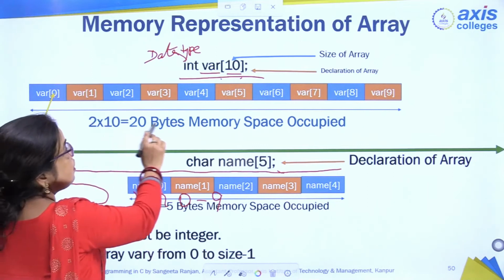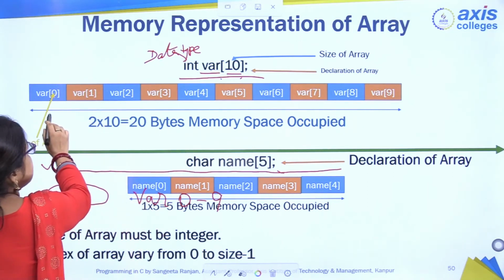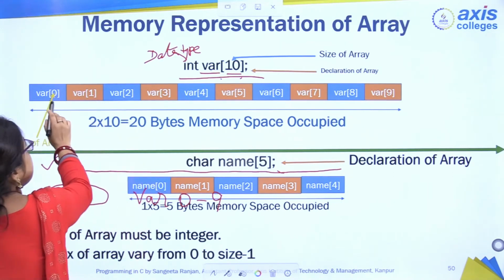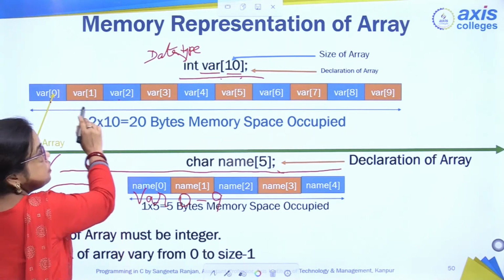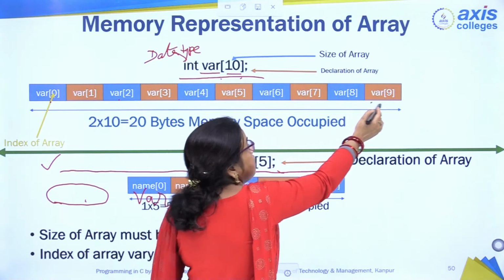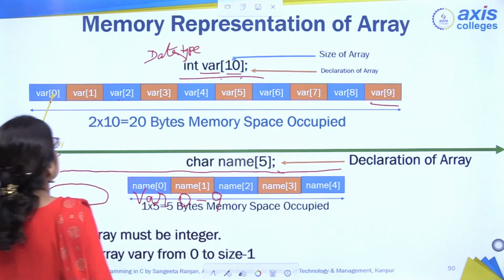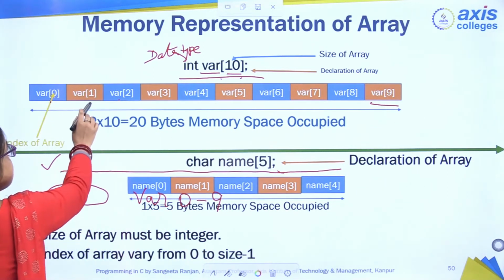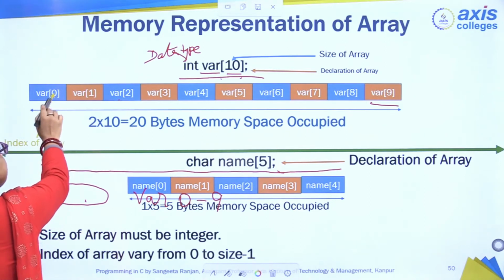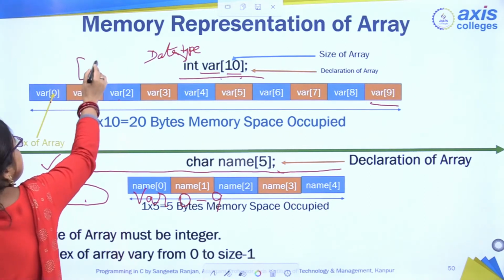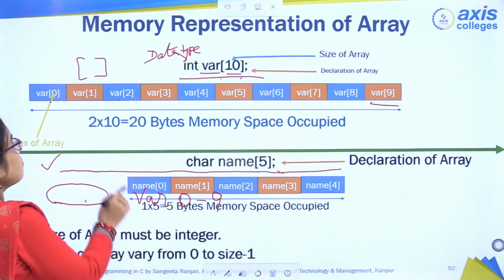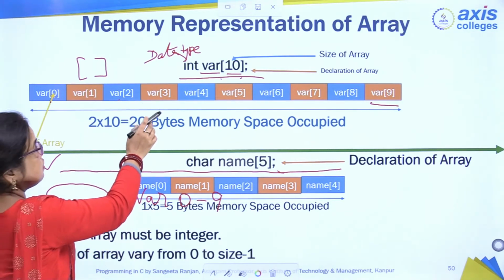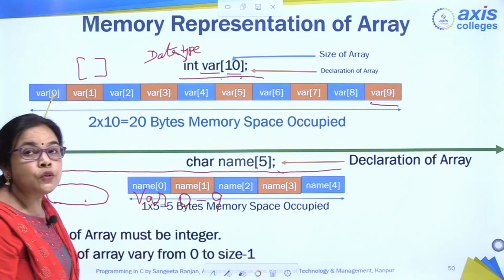Now in memory, var occupies space in sequence, like var 0, var 1, var 2 up to var 9. All the subscripts are written in the subscript operator, the square bracket. Each integer takes 2 bytes.